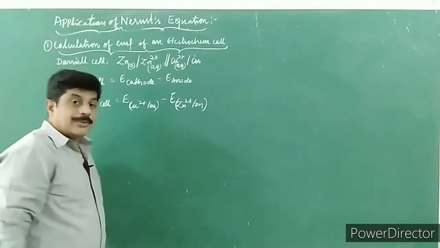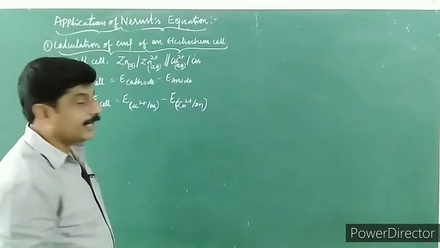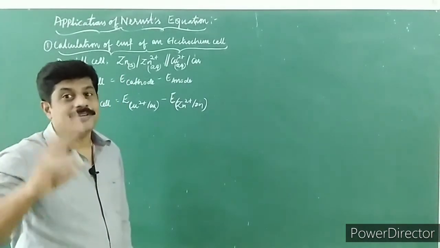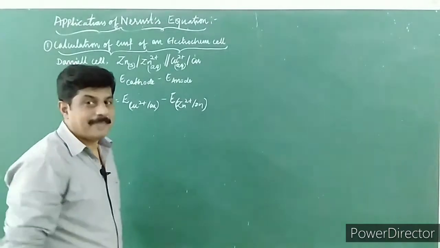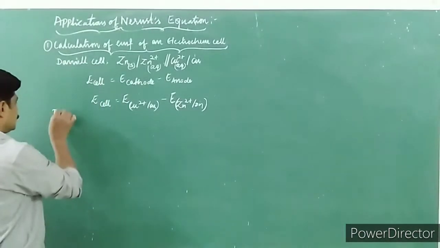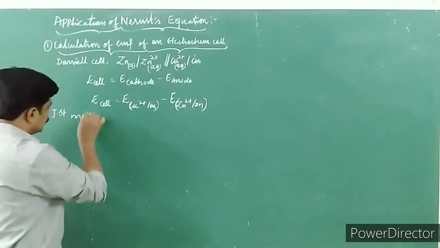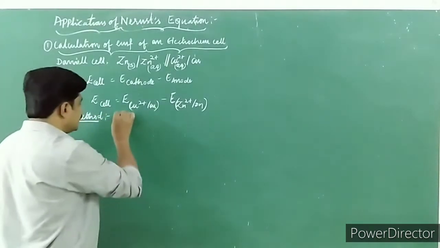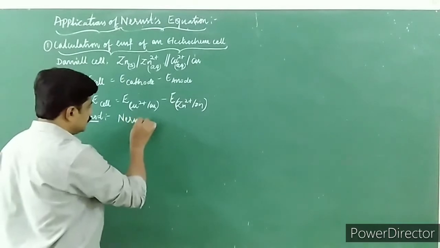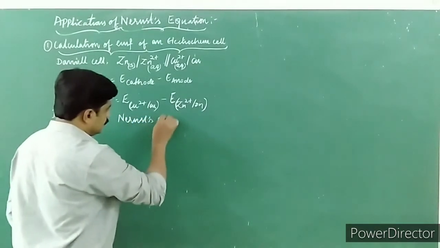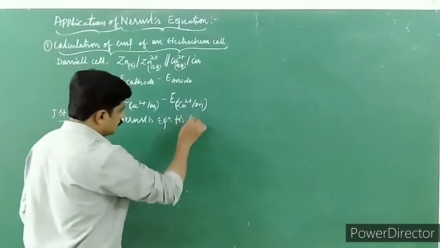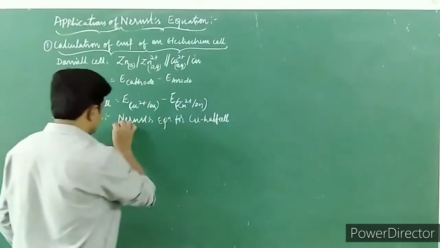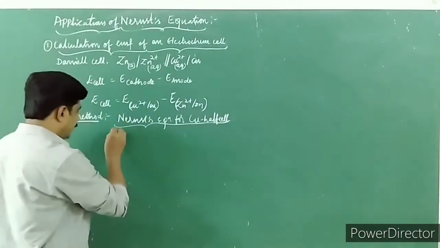Children, you can calculate the EMF of an electrochemical cell by using the Nernst equation in two different methods. Let me take up the first method. Under that, let me write the Nernst equation for the copper half cell. Look at how do I write?